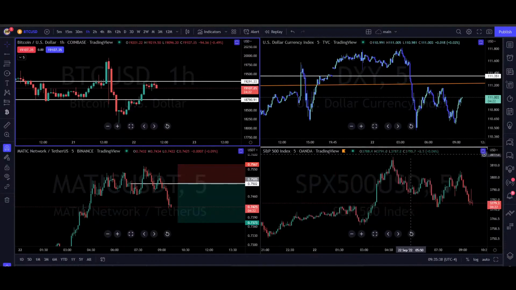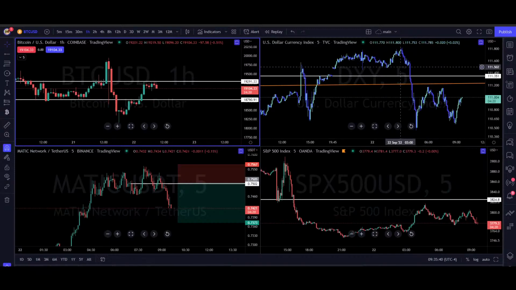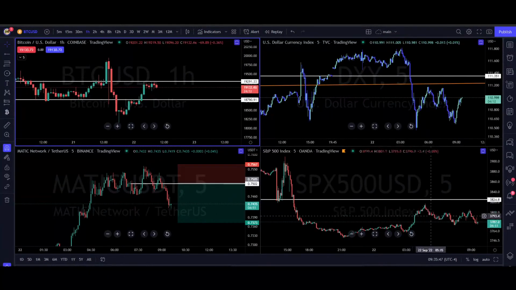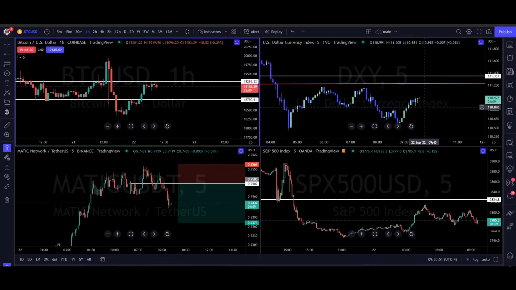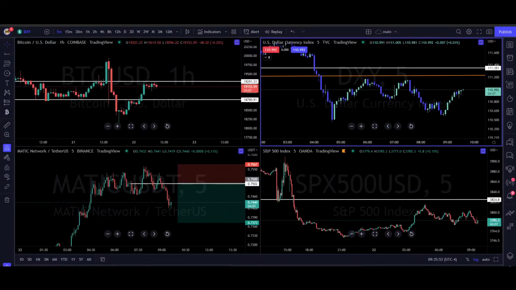I mean, you can see how it's so similar but opposite. You had a move down, move up, then you traded sideways, made a double top down, traded sideways, didn't make a double bottom, but so very similar, just opposite.